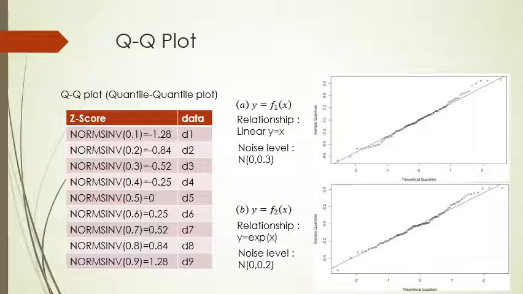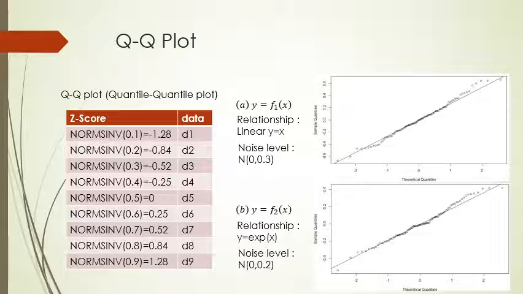On the right, we have two QQ plots based on the two cases discussed earlier. In case A, F1 has an underlying relationship y equal to x and a noise normally distributed with a standard deviation of 0.3.